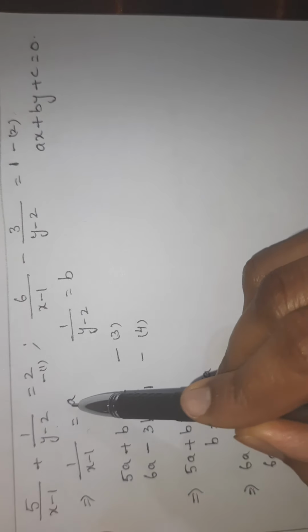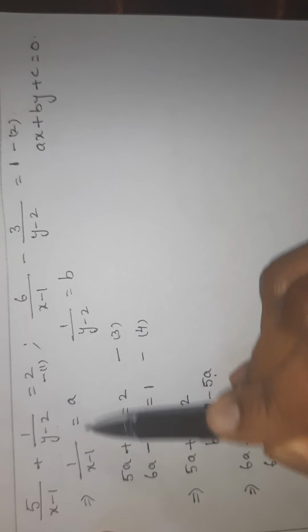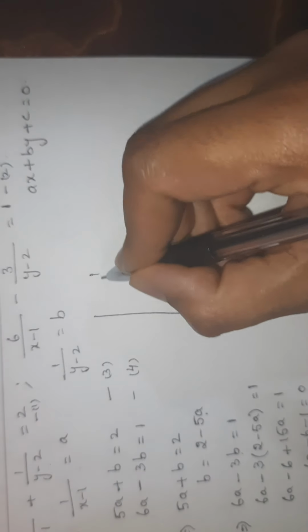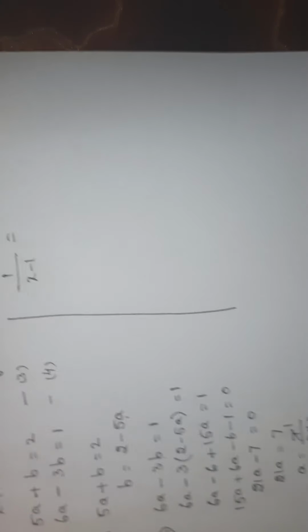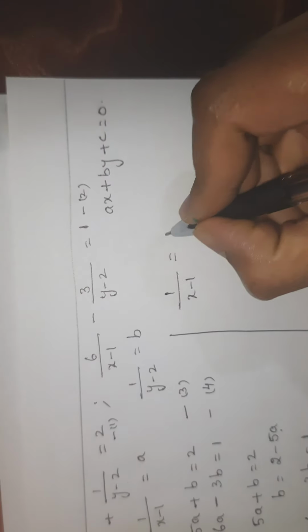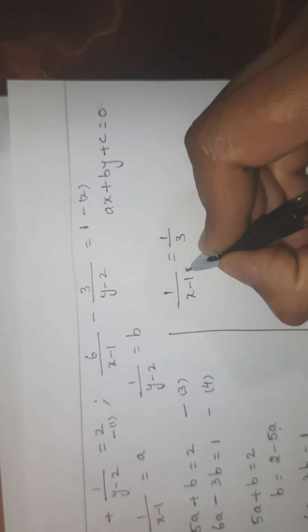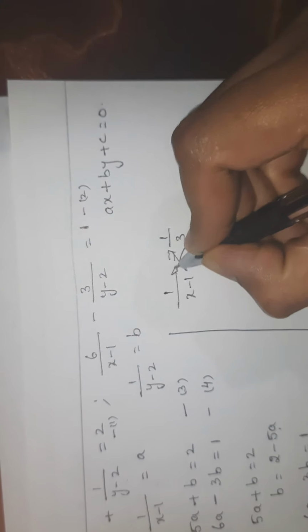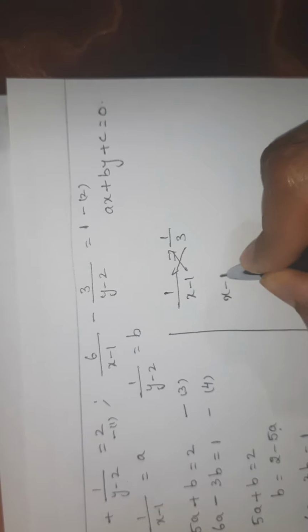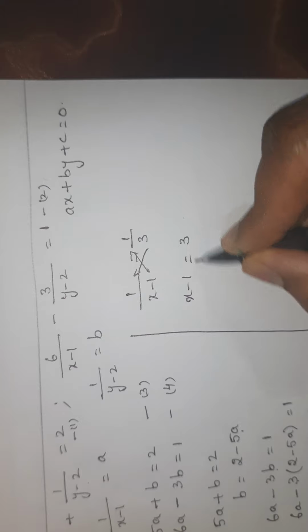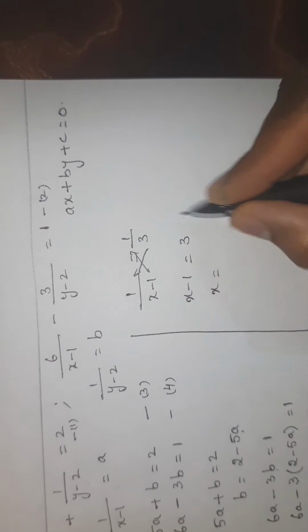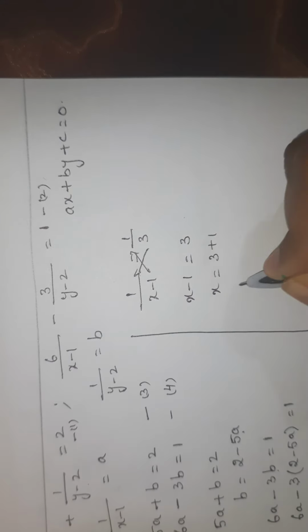So if you substitute the a value here, we will get the x value. 1 by x minus 1 is equal to a, how much do we have? 1 by 3. So after this we have to do cross multiplication. Then x minus 1 is equal to 3. Therefore x is equal to 3 plus 1, minus 1 becomes plus 1, x is equal to 4.